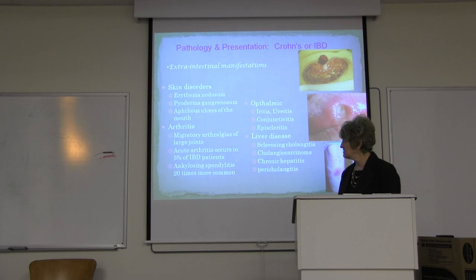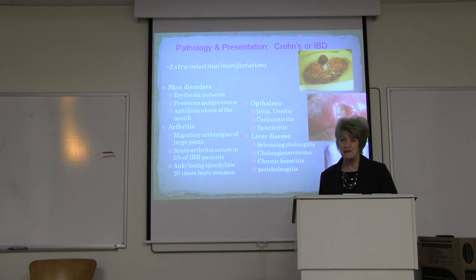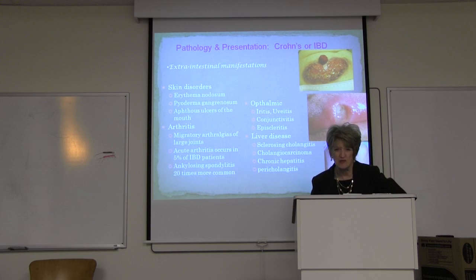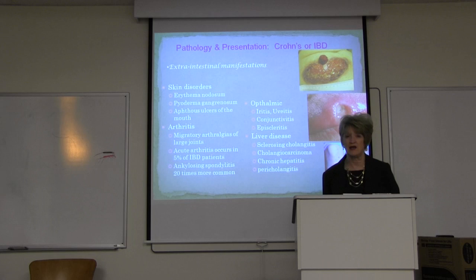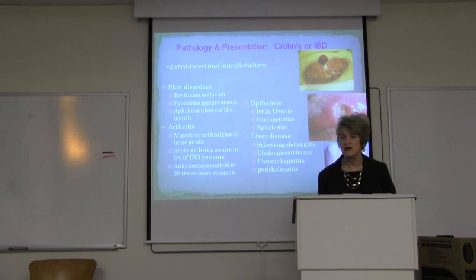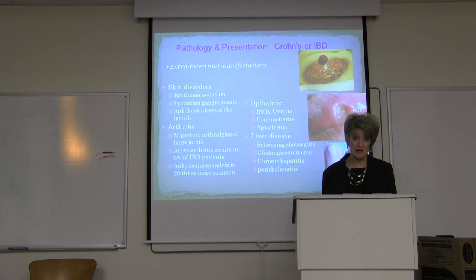You'll see that ankylosing spondylitis is 20 times more common in the patients with IBD. That causes low back pain and stiffness. Okay? Small percentage have acute arthritis. You can have involvement of the eyes. What's most common is a conjunctivitis. They can have episcleritis, uveitis. So bottom line, if their eyes are red and inflamed, they need to be seen by an ophthalmologist.